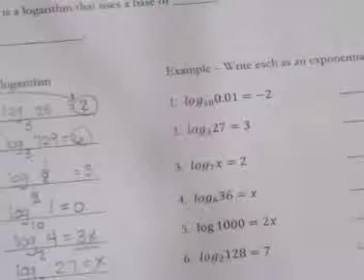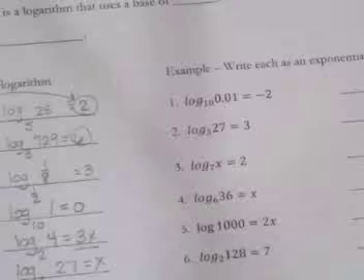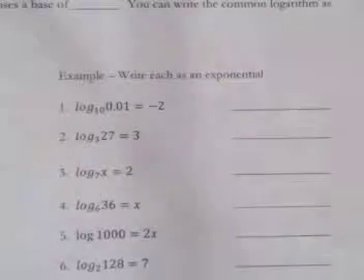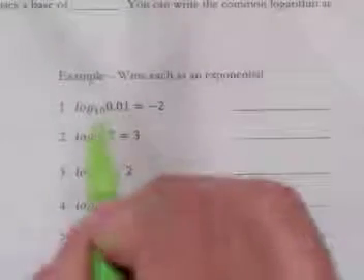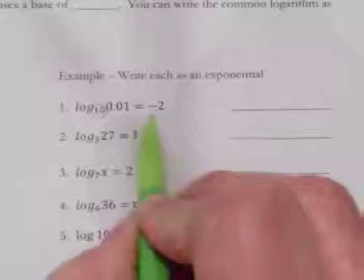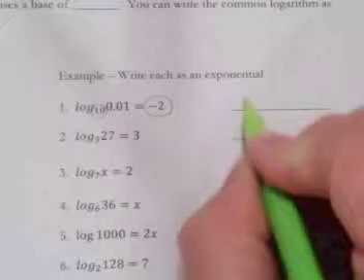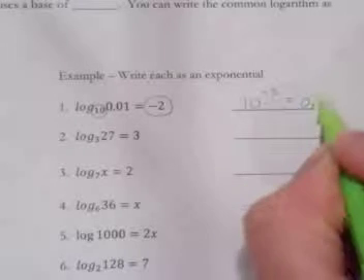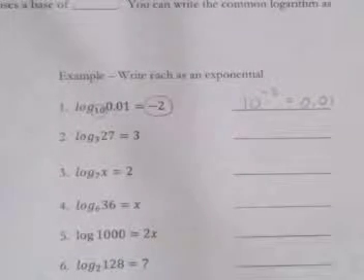So now what we need to do is we need to have the ability to take something that's written in logarithmic form and rewrite it as an exponential. So this is my base, and this is my exponent. 10 to the negative 2 power is equal to 0.01.